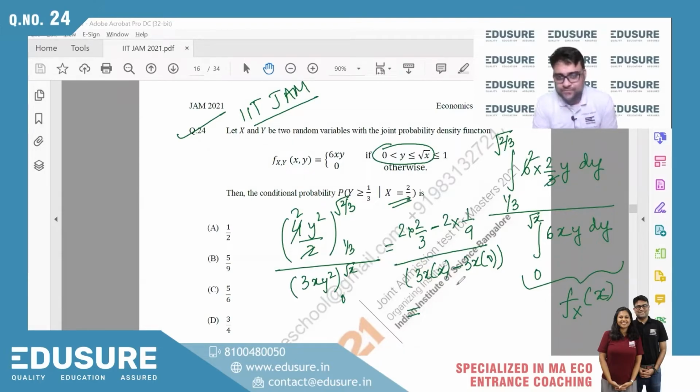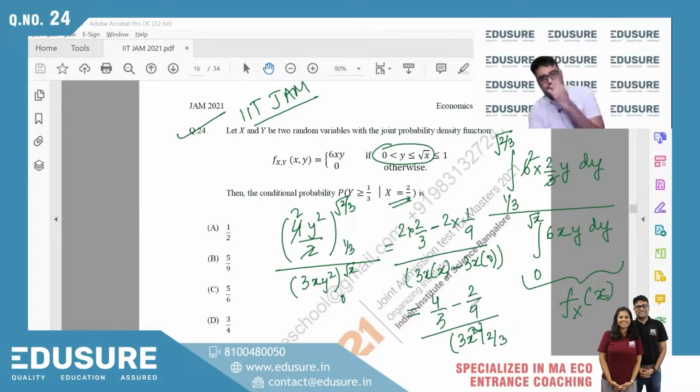वही कर रहे हैं. So ये हो गया 4 by 3 minus 2 by 9 divided by 3x square. 3x square is the marginal distribution of x. X का value क्या है? 2/3. Put in the value 2/3.